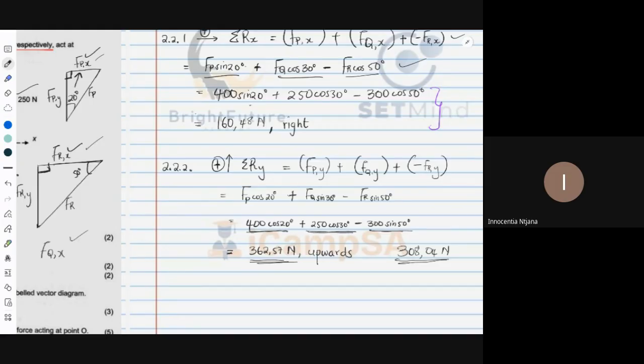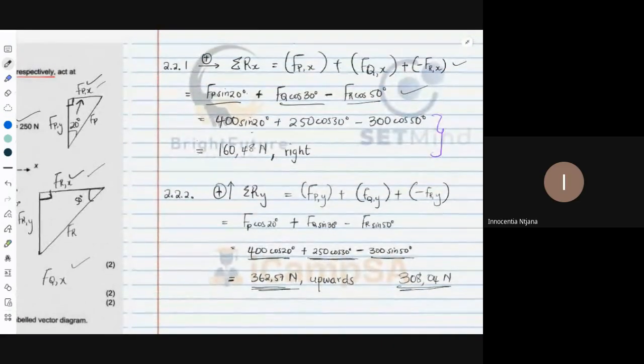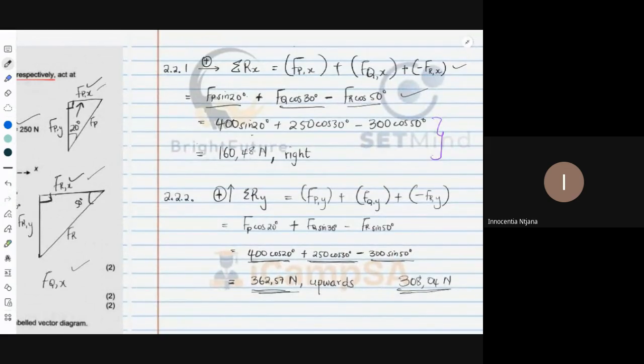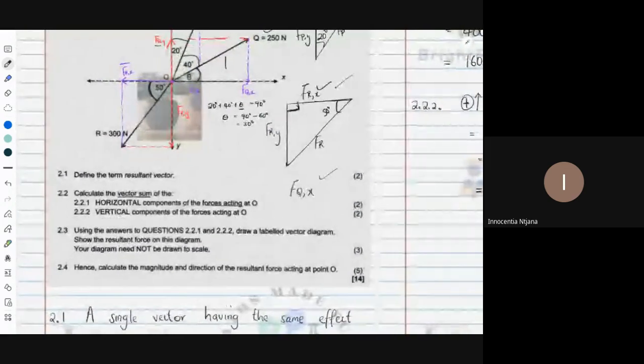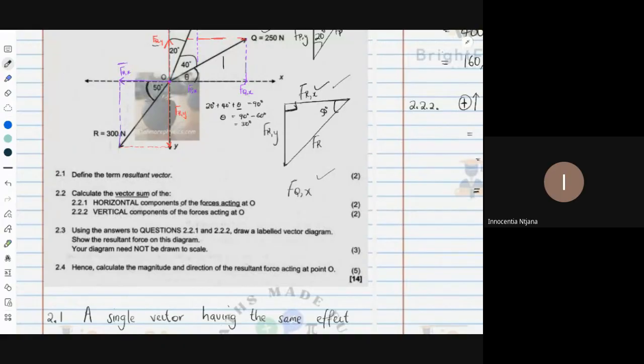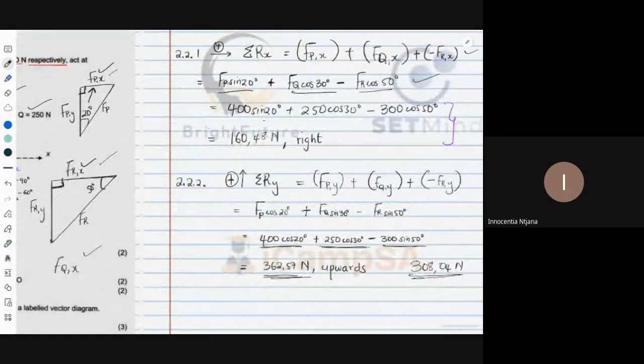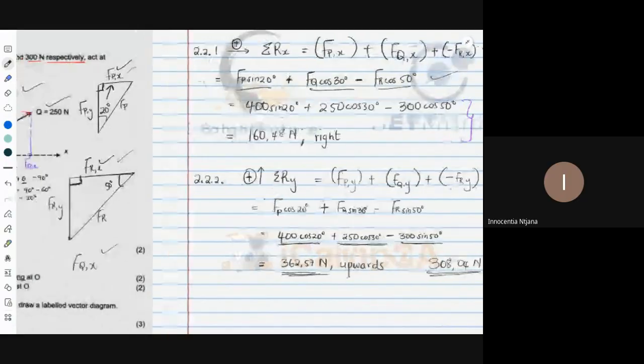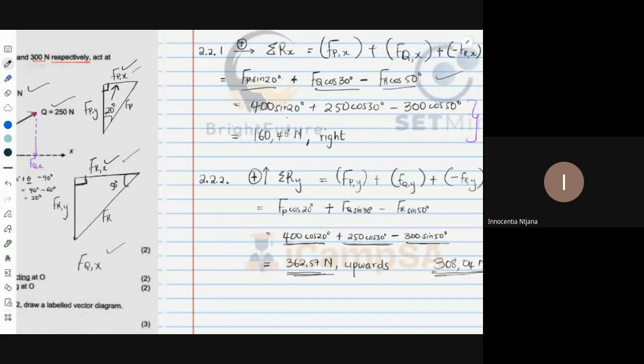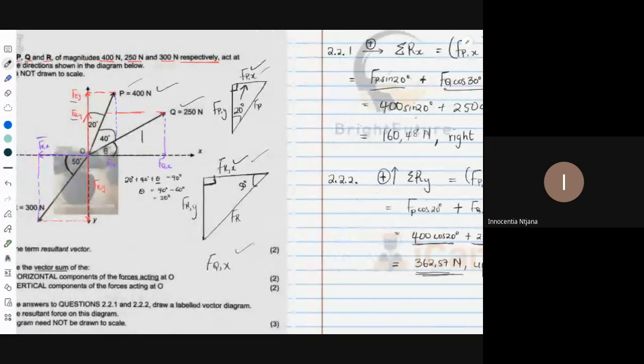Oh, I set sine instead of cos on 250. Yeah. Wait. I think you are right. Let me see. No, I think you are correct, but let's see something. So this is FQY.